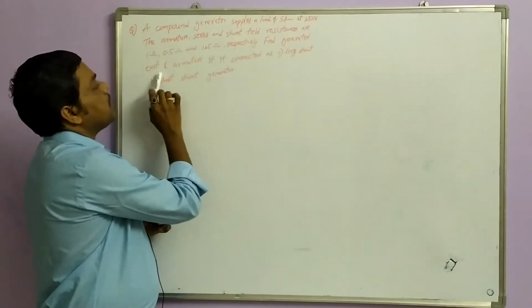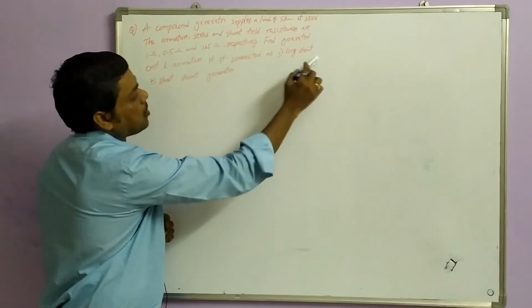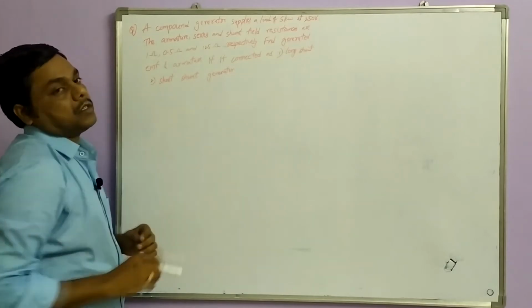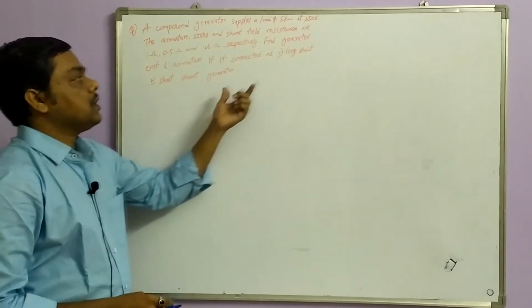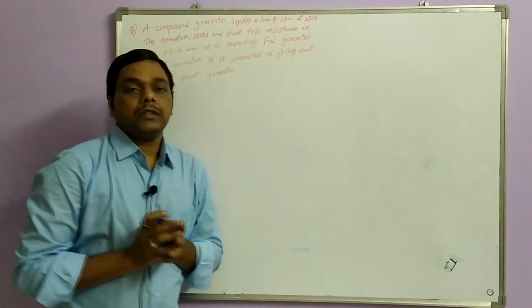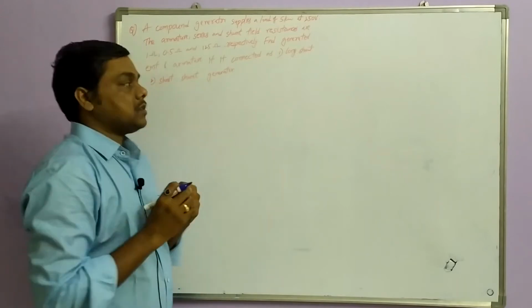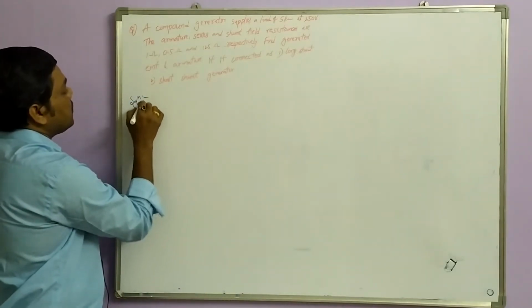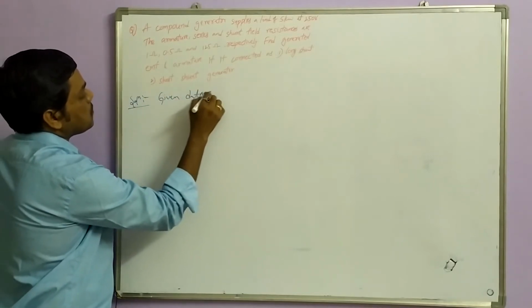Find the generated EMF and armature current if it is connected as long shunt and also short shunt. It's a very simple problem if you remember the current relations for long shunt as well as short shunt generators. Now the solution is obtained by, so write the given data first.